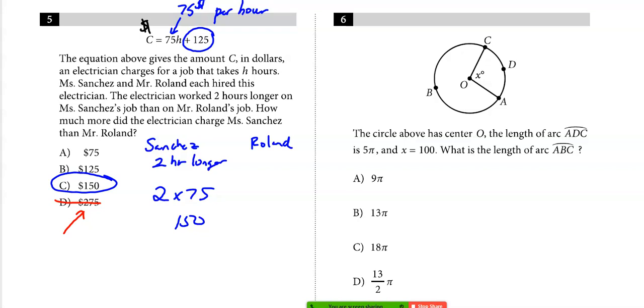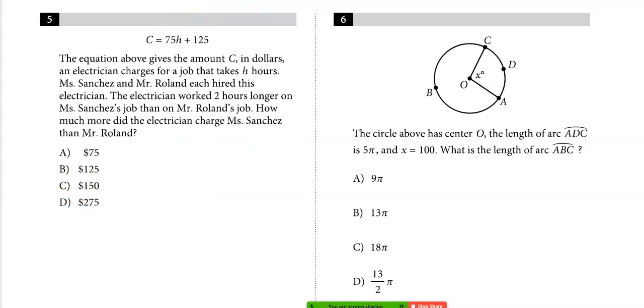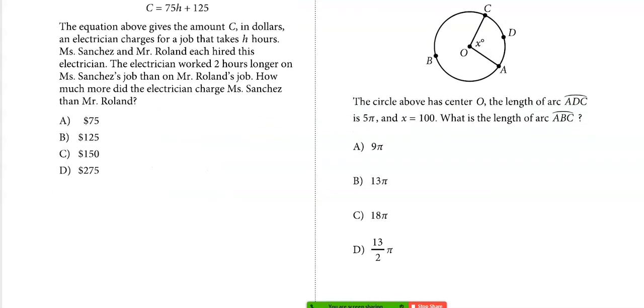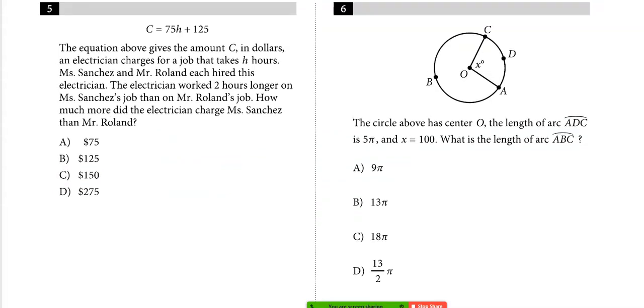Number 6 over here, we get into a circle. And so let's see what they're asking. So a circle above has center 0, the length of arc A through D to C. So we're talking about this arc right here. Has a length of 5 pi.